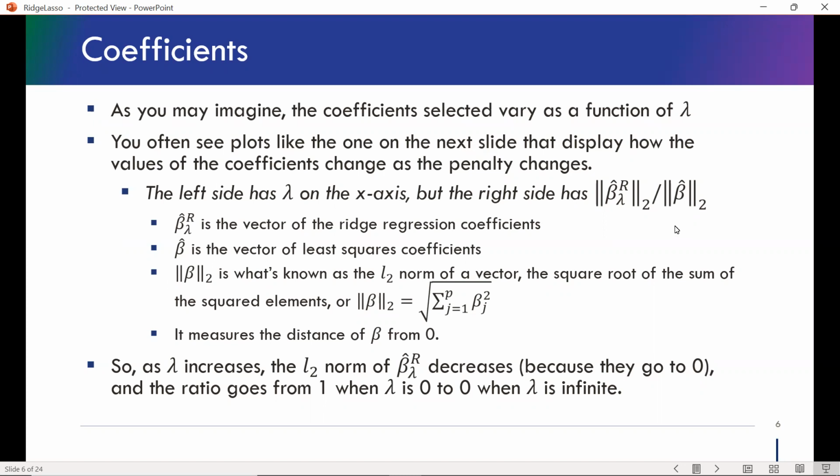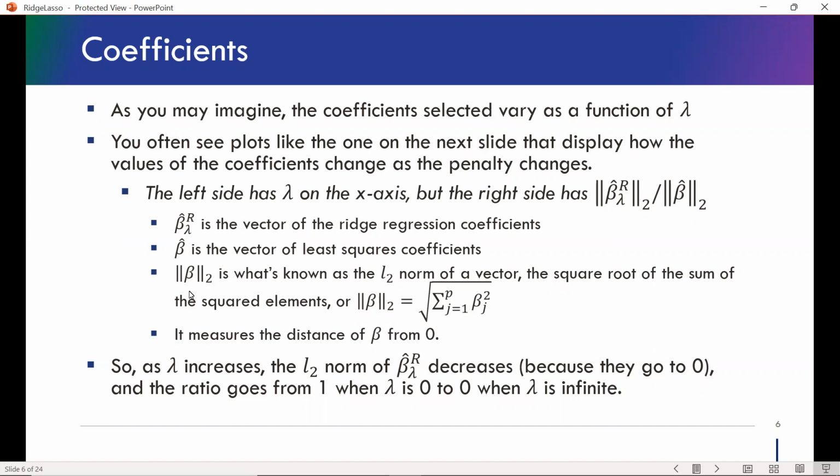And remember here in the denominator, we have this beta hat. That's the vector of the least squares coefficients, basically the estimates you get from simple linear regression, minimizing only the residual sum of squares.